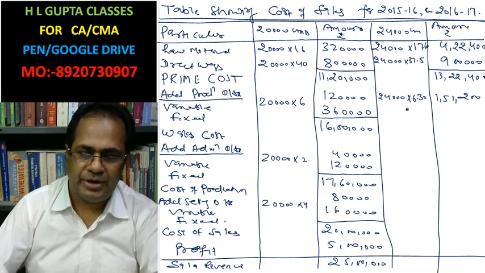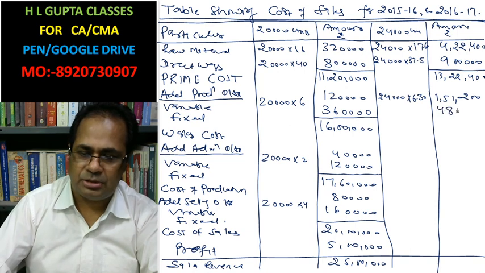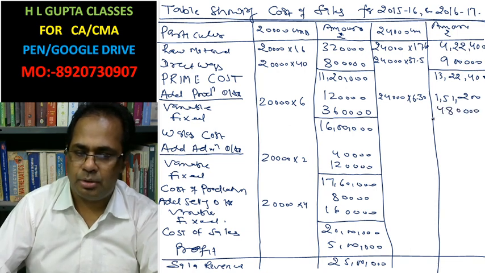And now this is a fixed 4,80,000. This is already calculated in a working note.